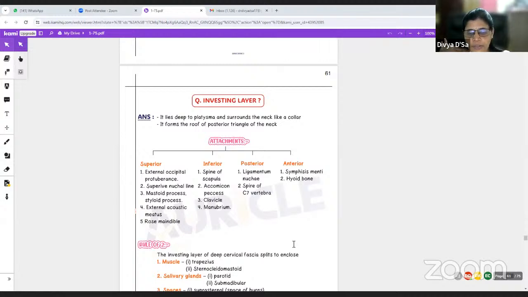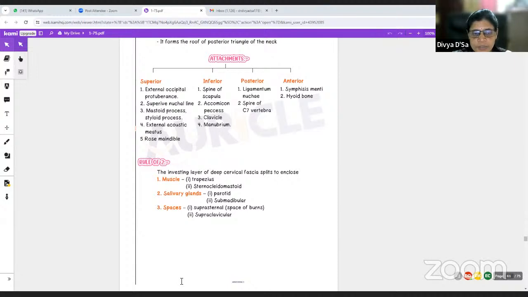Then inferiorly, it is attached to the spine of the scapula, acromion process, clavicle, and in the front it comes to the manubrium sterni. Posteriorly, it is attached to the ligamentum nuchae and the spine of C7 vertebra. And anteriorly, it extends from the symphysis menti up to the hyoid bone. So that is the attachment.